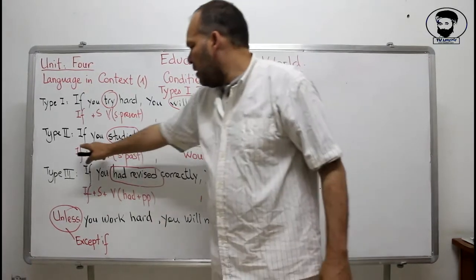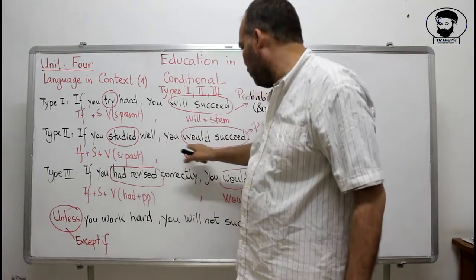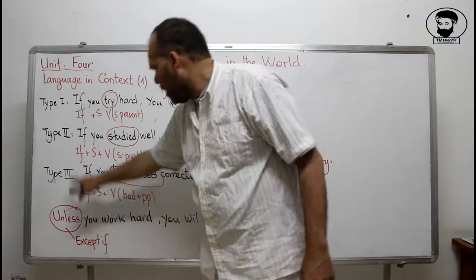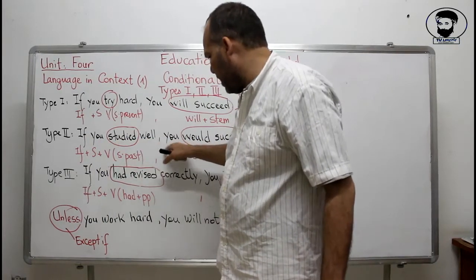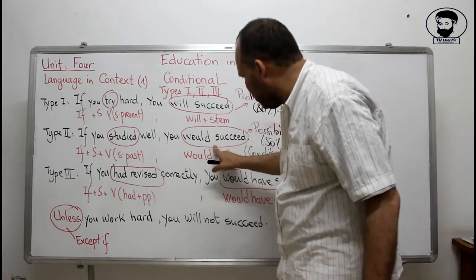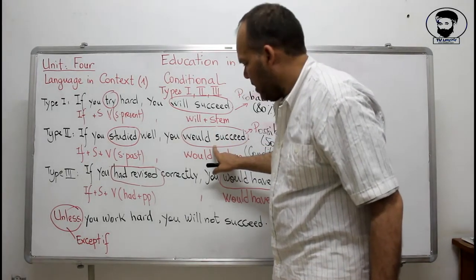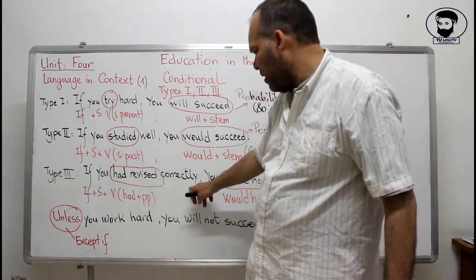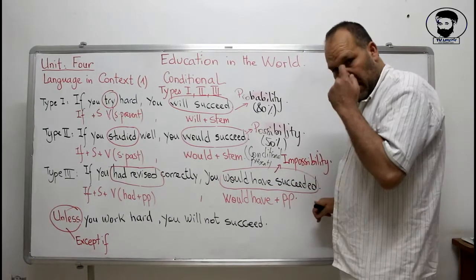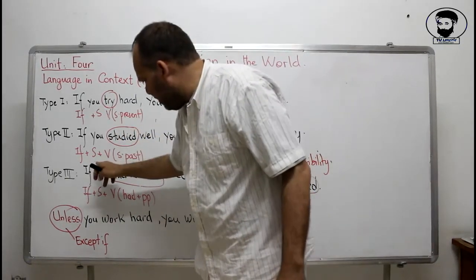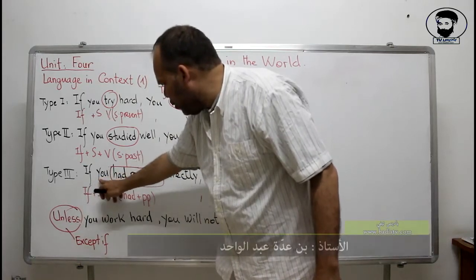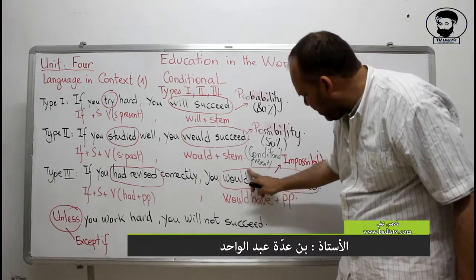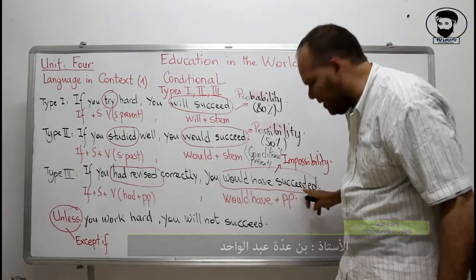Second one, if you studied well, you would succeed. Now using unless instead of if: unless you studied well, comma, you would not succeed. The third form, if you had revised correctly, you would have succeeded. And if you take off if and write unless, you get unless you had revised correctly, comma, you would not have succeeded.